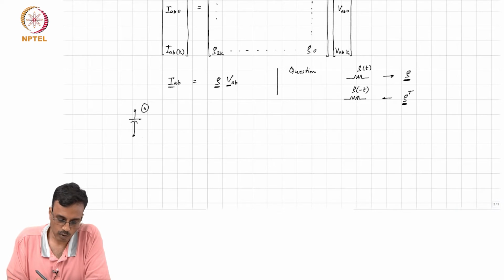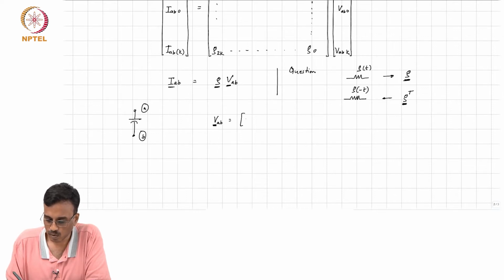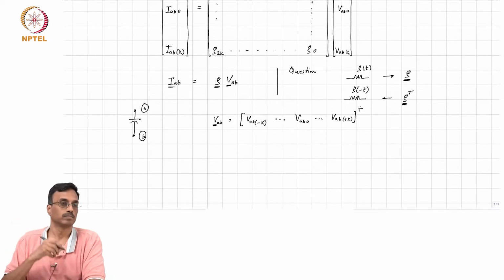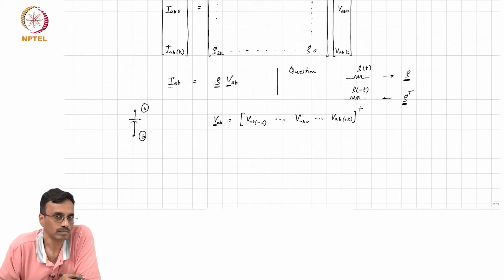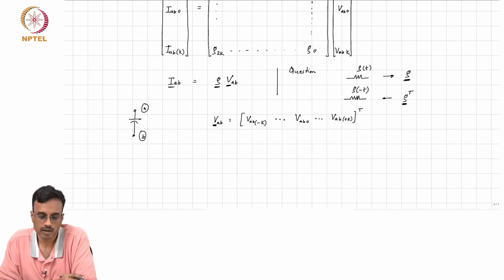Again, this is node A and this is node B, and the voltage phasor is VAB of minus K, VAB of 0, VAB of plus K, transposed. All right.